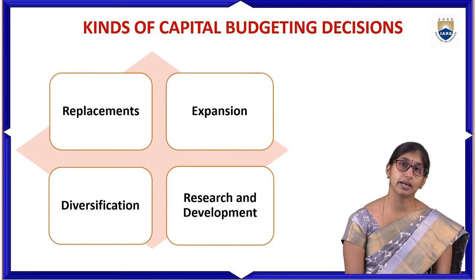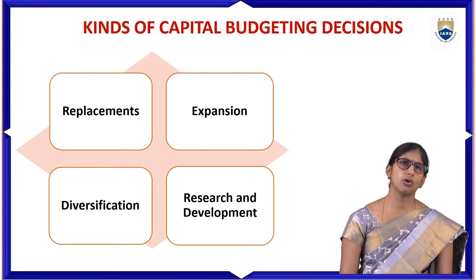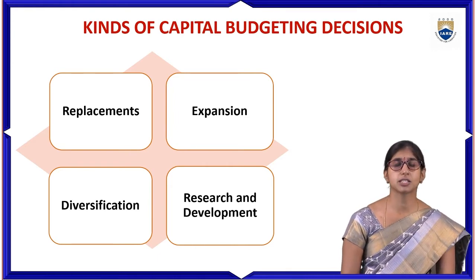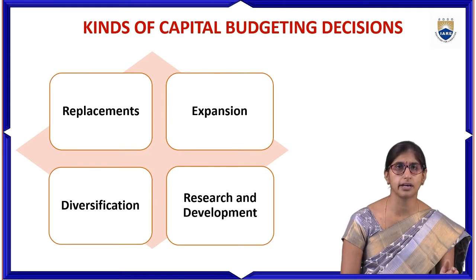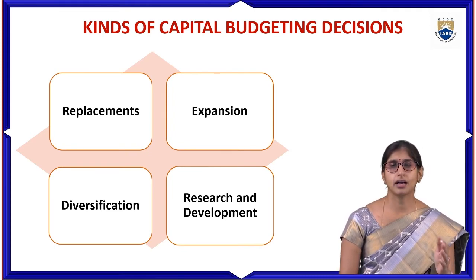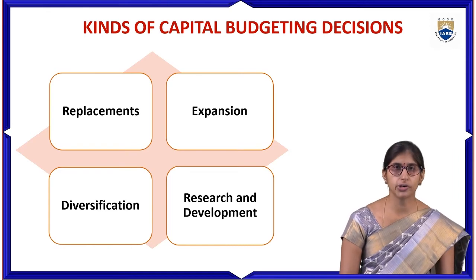And the next one is research and development. Nowadays, research and development has become very, very important, and without research and development, new startups or new ventures are not going to come out.